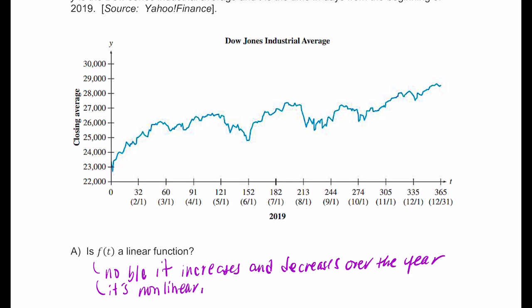If I was to draw a straight line across from here, that's close to being a straight line. What dates did the closing cost reach 25,000?